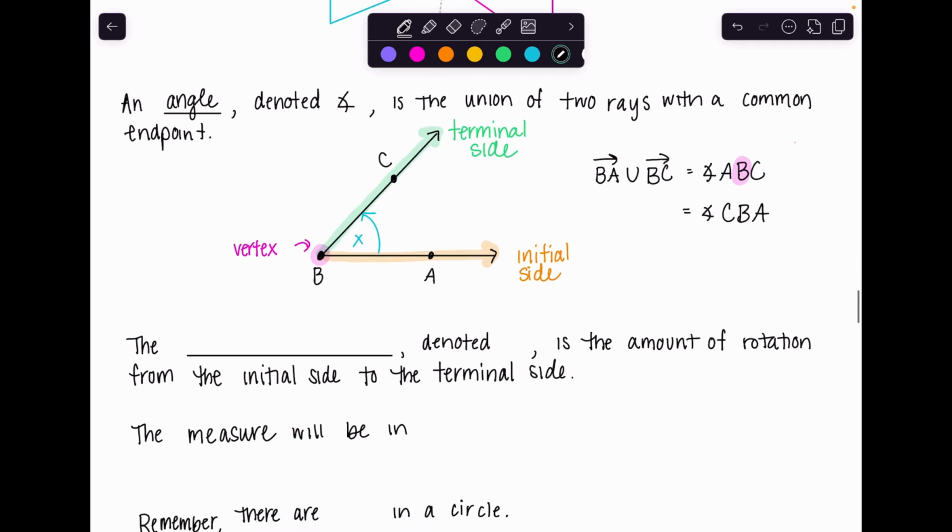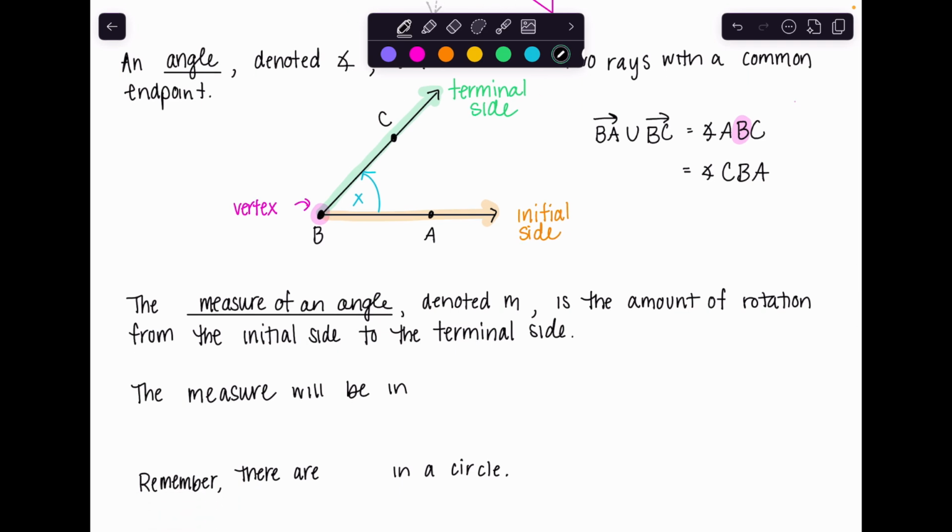Now, when we talk about an angle, really what we want is, what is the measure of the rotation? And there's a couple different ways you can measure it. The measure of an angle, which is denoted by just putting an M in front, is the amount of rotation from the initial side to the terminal side.